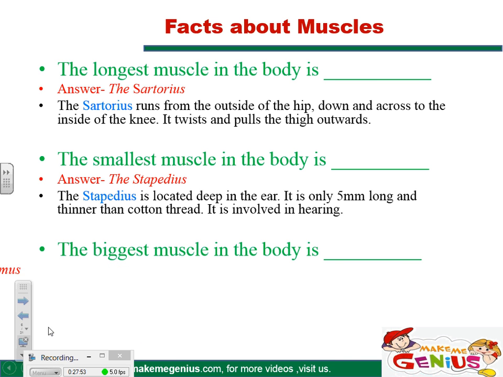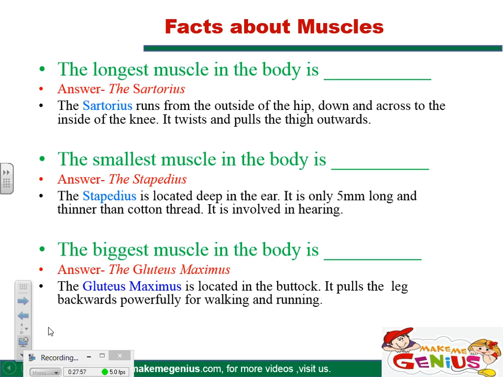And this is located in your buttocks. It pulls the legs backwards, so when you are walking or you're running, that butt muscle helps to do that.